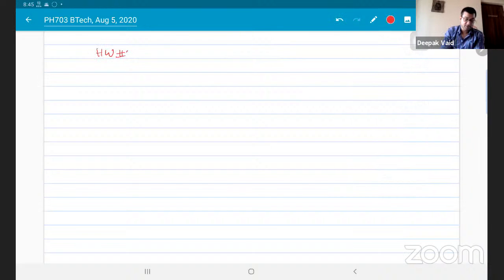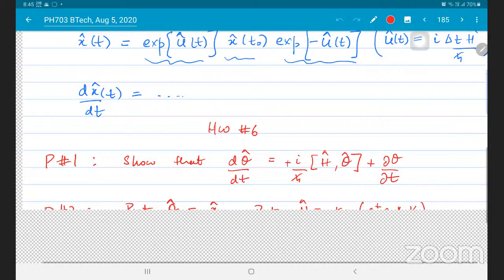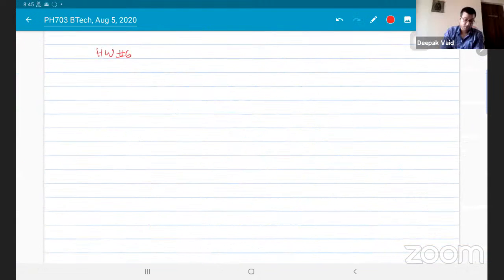Homework number 6. I think I've not given you any homework 6 problems. Yeah, I've given you some problems previously. Homework 6, problem number 3: prove that the commutator of x comma p to the nth power is equal to i n h bar p to the power n minus 1.